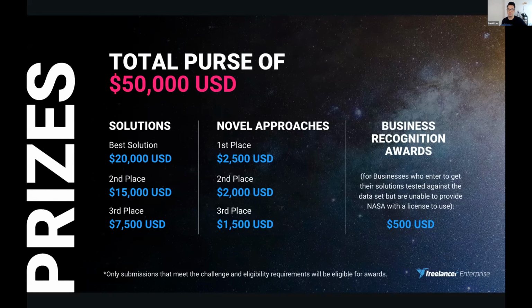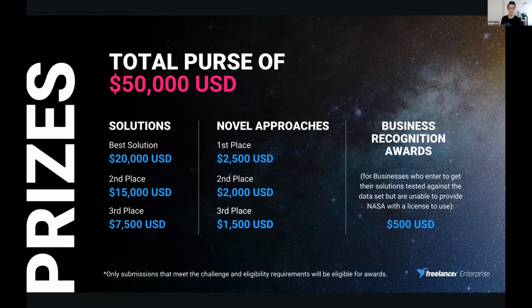We'll very soon be hearing from Dr. Sam Yunis about the challenge background and the requested outcomes. But here's what's at stake. This challenge offers a total prize purse of 50,000 US dollars. The main purse is 42,500 US dollars, broken down into the top prize for the best solution of 20,000 US dollars, 15,000 US dollars for second place, and $7,500 for third place.